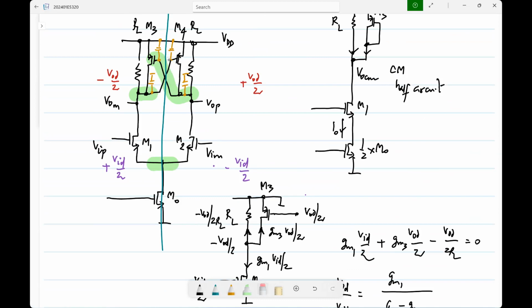So if we have only CDB here and CGS there, then the parasitic pole will come out to be wrong, because the parasitic pole should have CDB plus CGS.